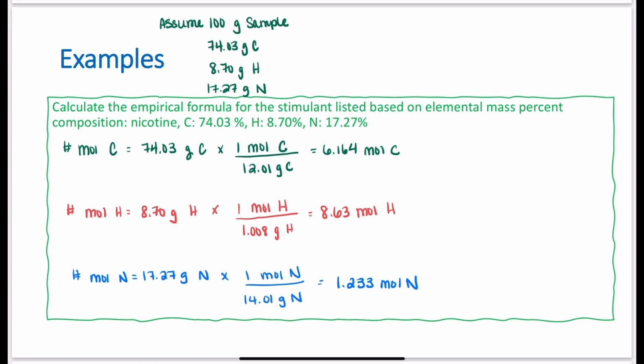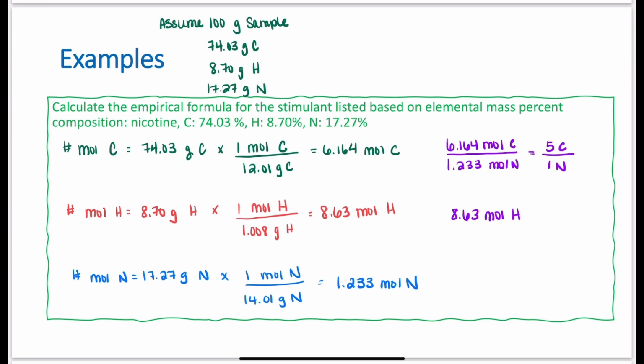Look at all the numbers, and I see nitrogen is definitely the smallest of the numbers. So I'm going to compare everything to that. 6.164 moles of carbon to every 1.233 moles of nitrogen gives me 5 carbon to every 1 nitrogen.